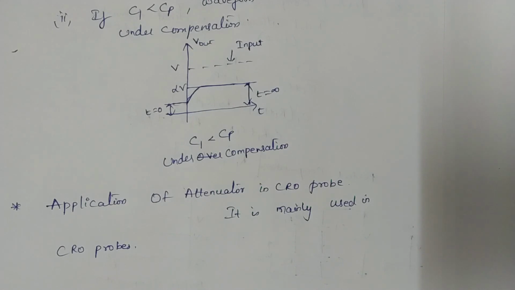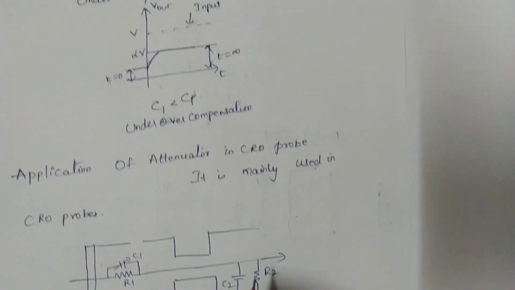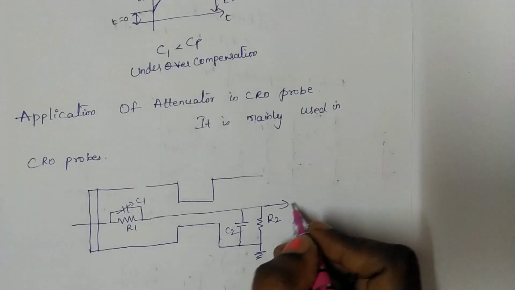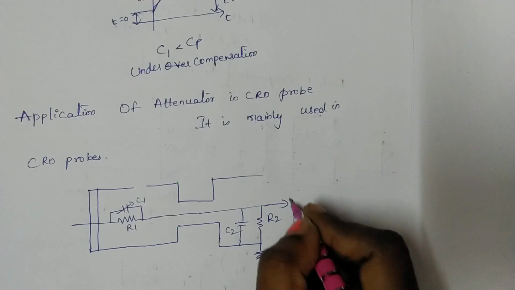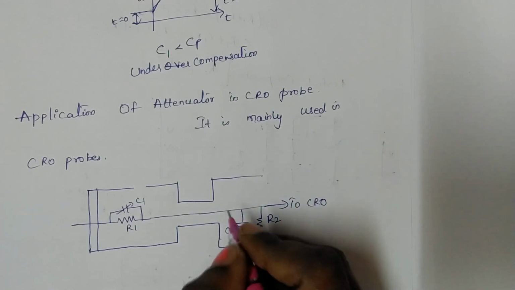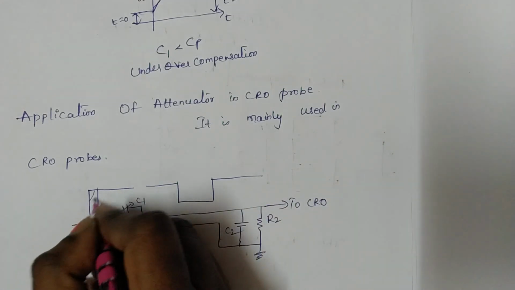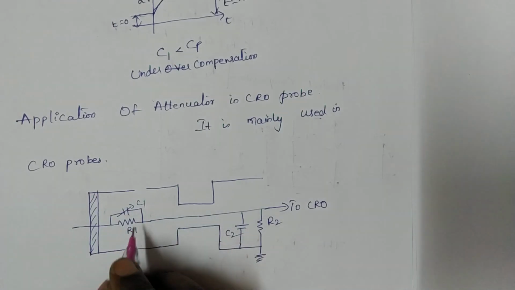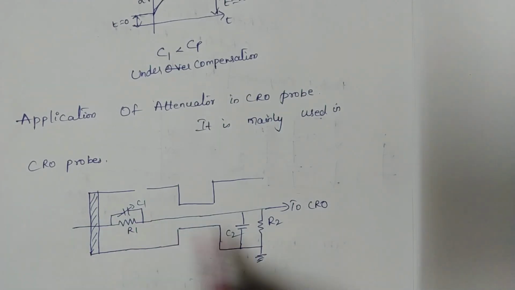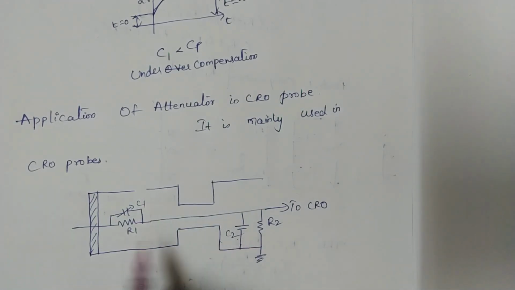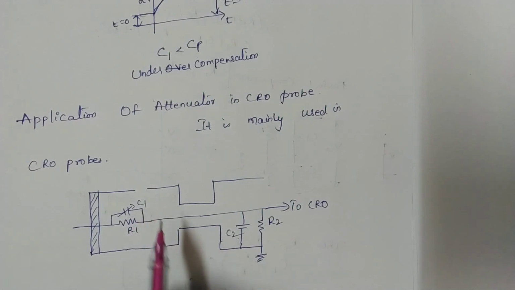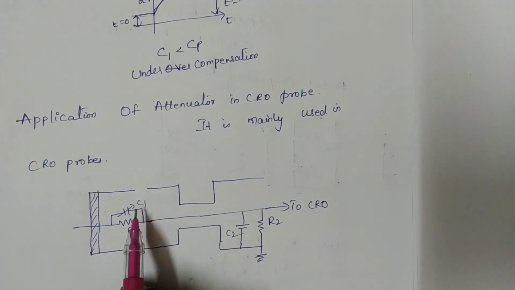Okay, the circuit resembles this. See here, this is the basic internal diagram of a CRO probe. This is the attenuator circuit R1C1 and R2C2, and here C1 is variable, so I am drawing it as a variable C1.